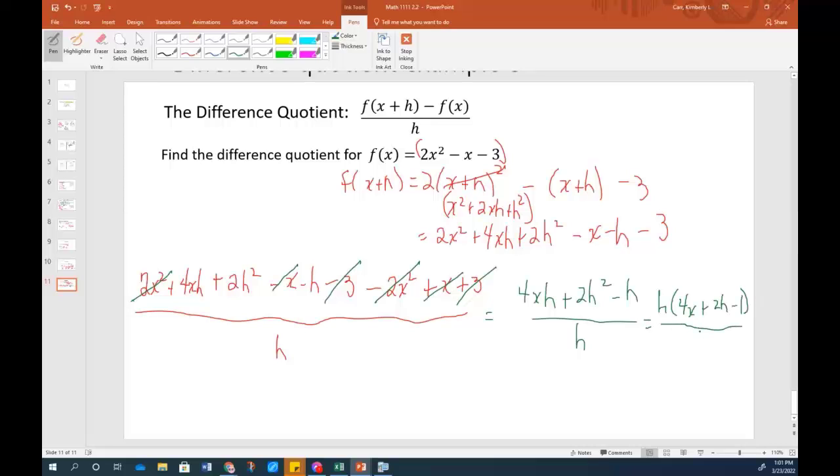And it's all over h. But now it's easy to see that this h cancels with the h in the denominator. And the final answer is 4x plus 2h minus 1. That's the difference quotient.